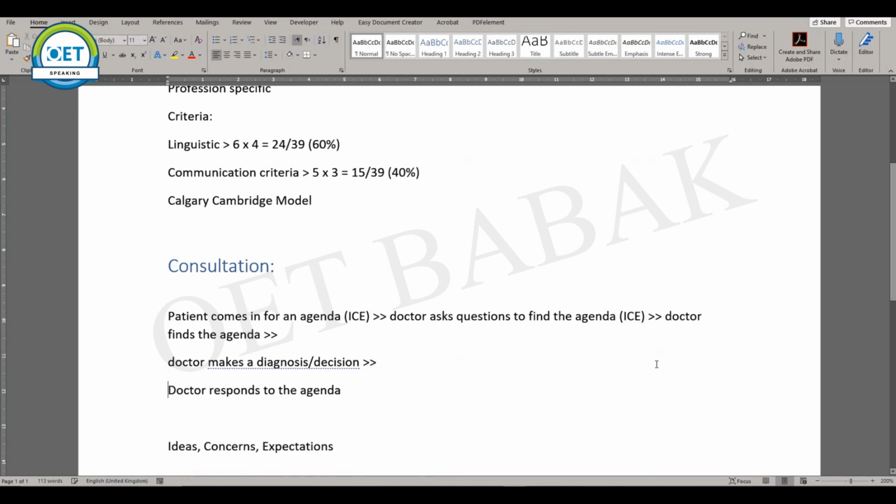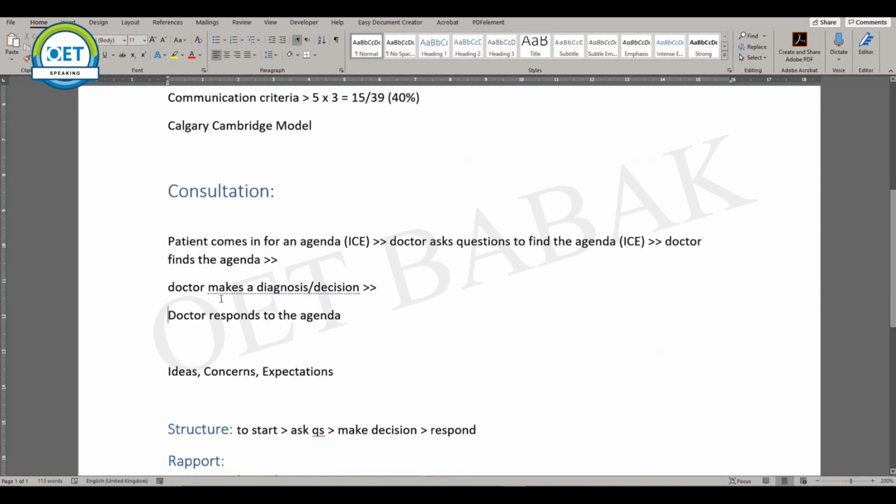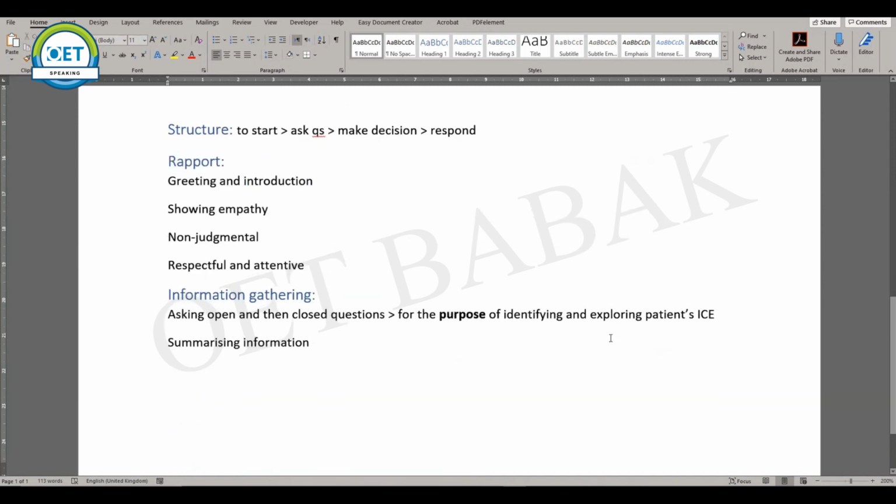And then after that, the next would be making decision, diagnosis, and responding to the ICE. So basically, this is the first part of the consultation when we initiate, gather information, and then find what the ICE is and then explore it.